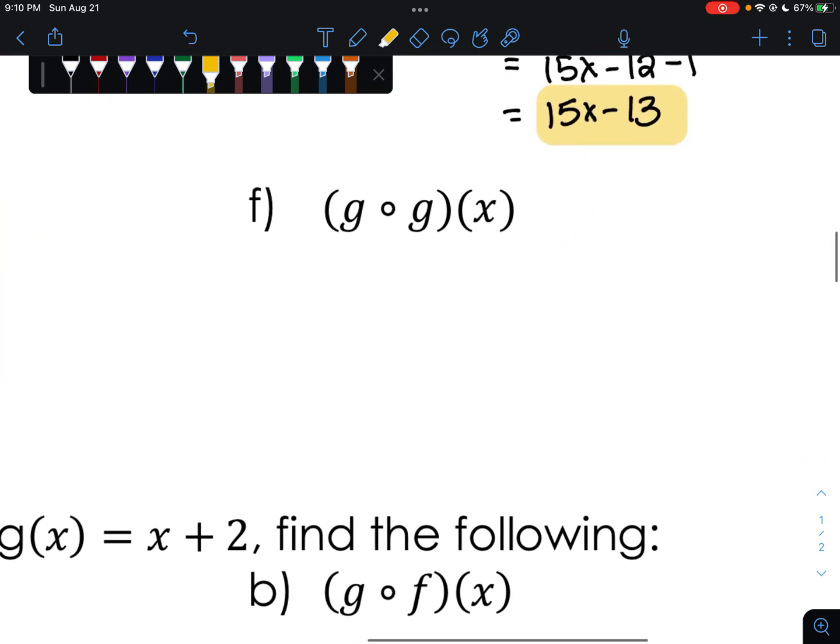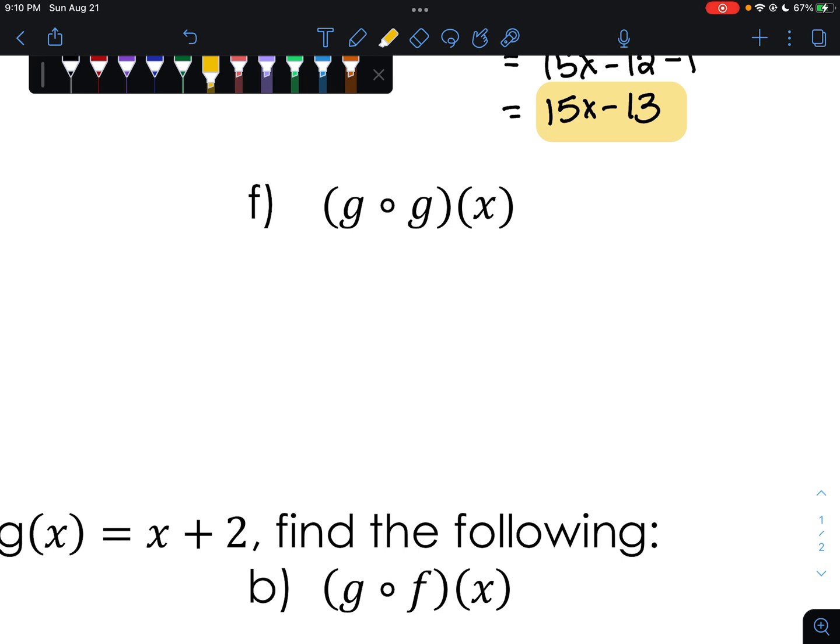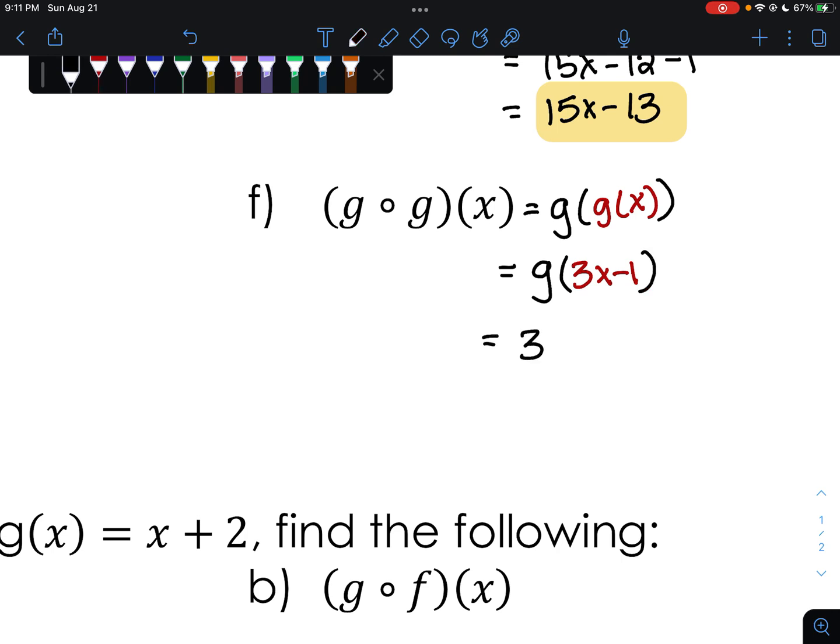Okay, looking at g of x. So we're composing g into itself. So that would be g of 3x minus 1, which is equal to 3 times 3x minus 1.